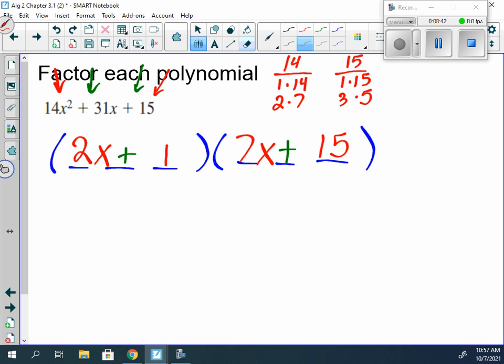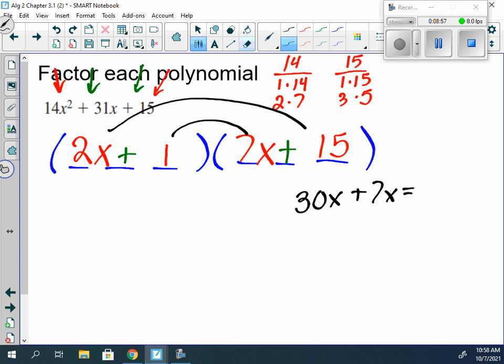So we just picked those and now we're going to check it. 2x times 15 would be 30x. 1 times 7x is plus 7x, which would be 37x. Is that what we wanted? No. Okay. So we can switch the 1 and 15.